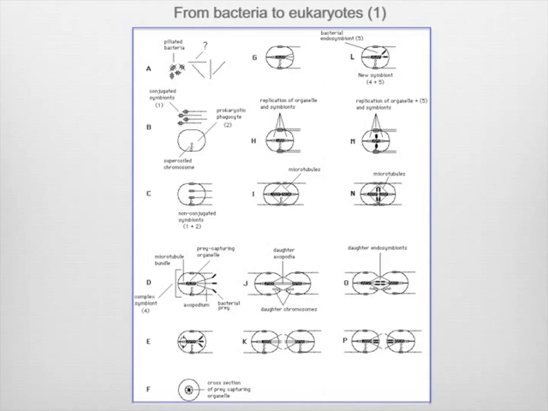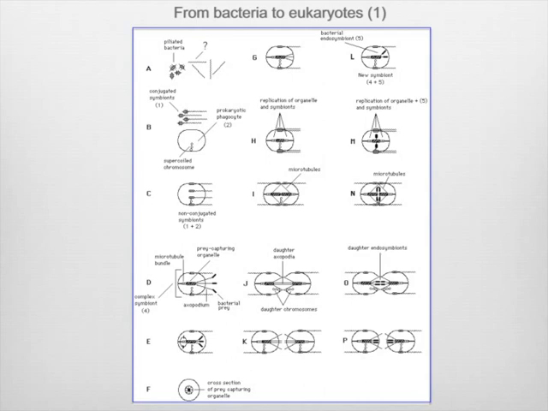Now, if you look at G all the way through K, it shows how this primitive complex prokaryote divides, and it must divide in a way that all the daughter cells get copies of everything that was in the original cell, and so it shows everything replicating in H. They begin to divide in I. There are some microtubules, sort of like precursors to what the microtubules would be in our kinds of mitosis.